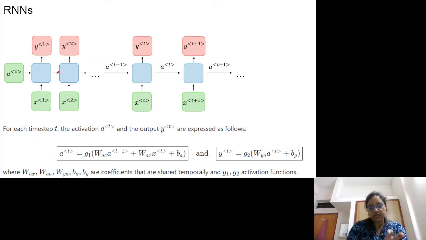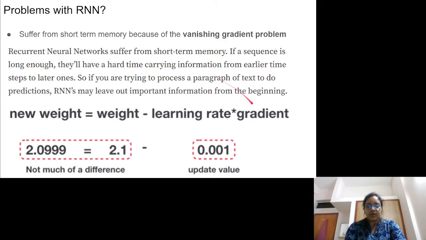The weight matrices have values somewhere between 0 and 1, suppose. If you multiply values between 0 and 1 so many times through the chain, your values become extremely small. That is why the gradient of these kinds of architectures becomes extremely small.